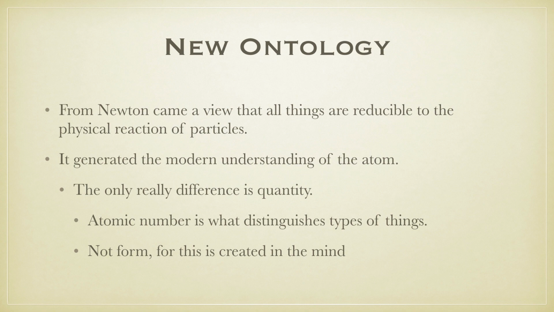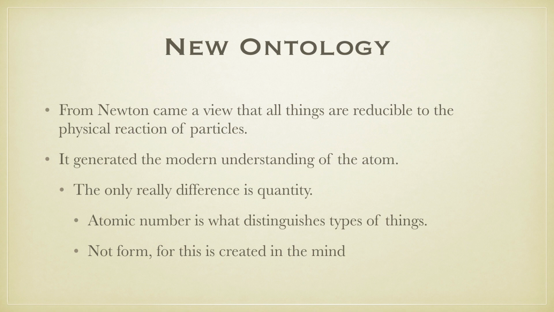From Isaac Newton came the view that all things are reducible to the physical reaction of particles. This, in turn, generated the modern understanding of the atom. In modern science, we learn that the only difference between one element or molecule from another is not form or quality.